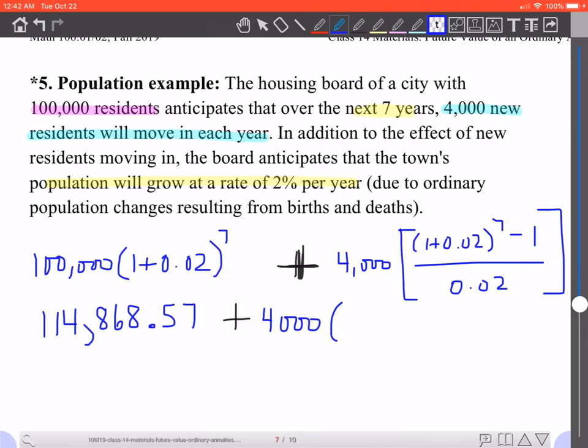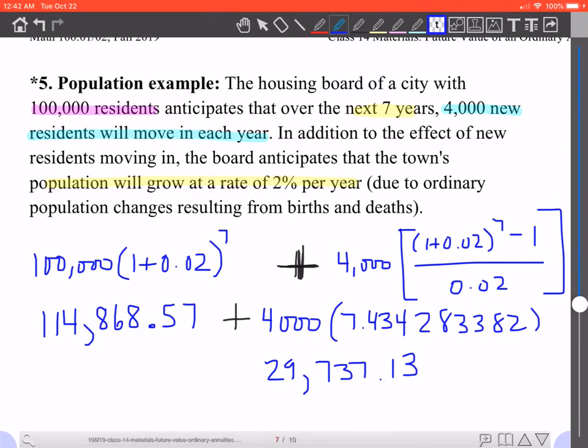It's going to be 7.434283382. For a total of 29,737, and again rounding to the nearest hundredth, 13/100ths. So these are the two numbers that we're going to add together to get our total population.